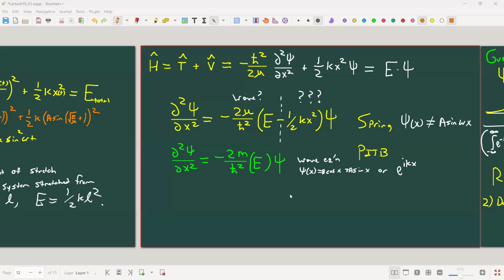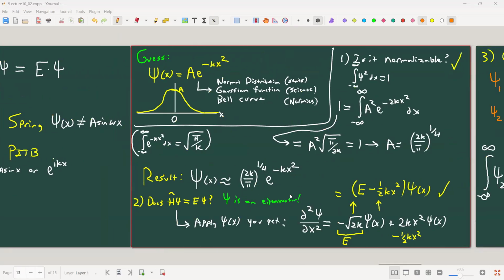It's not pure sine or cosine. It can't be, because if it were pure sine or cosine, the equation would look like this at the bottom. It'd just be particle in the box. So it has to be some other function that has wave-like properties, but isn't a sine or a cosine. Right? And the guess that I made at the end of class was that we take the bell curve.